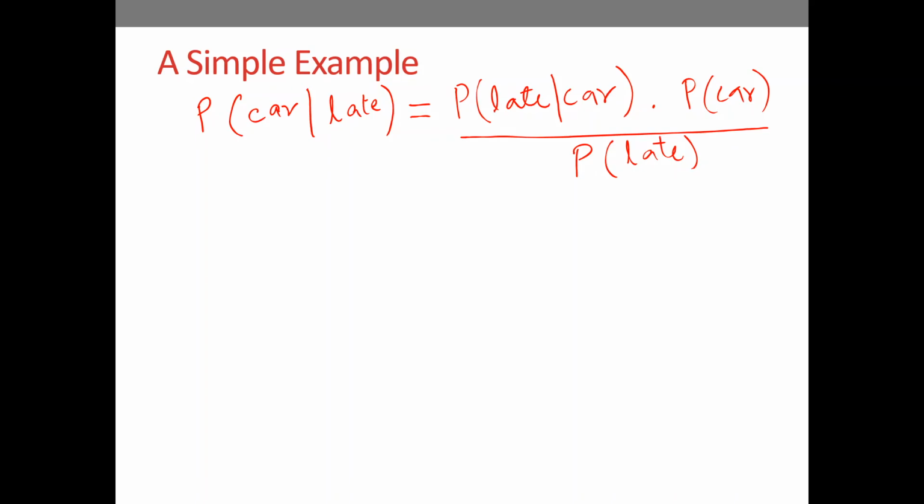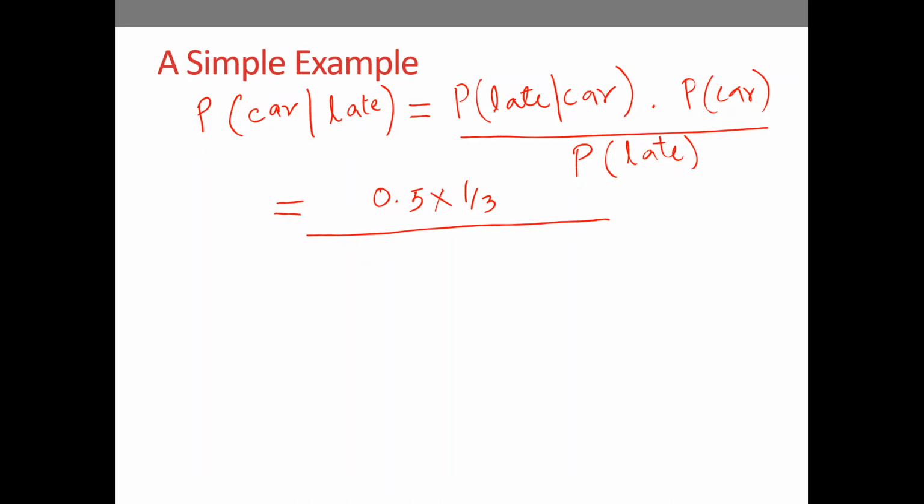But using the law of total probability, because of all the modes of transport he's using, we have the probabilities of when he's traveling by car, the percentage that he's late. We have all that information. So I can use the law of total probability to get that. So this is already known, right? And this is also known.